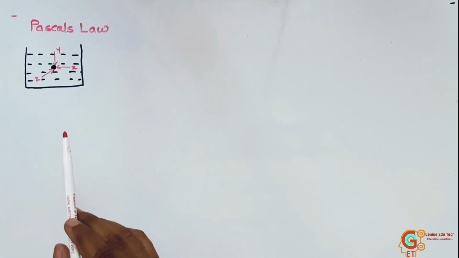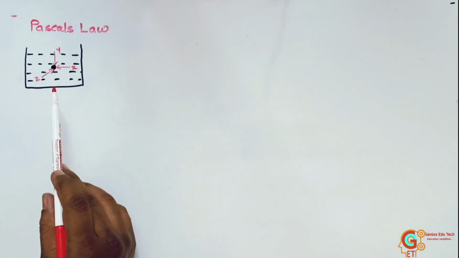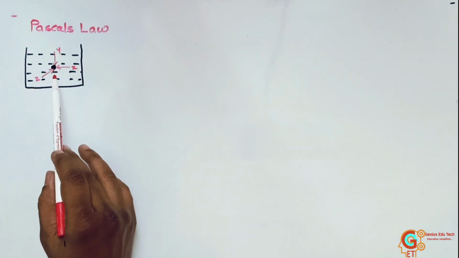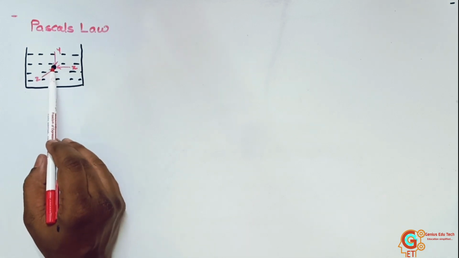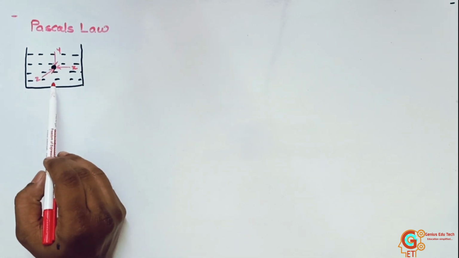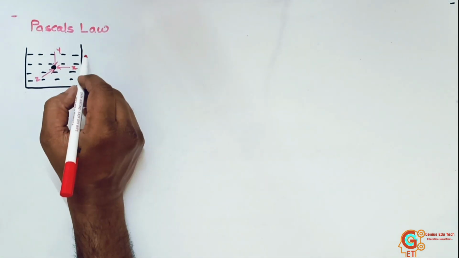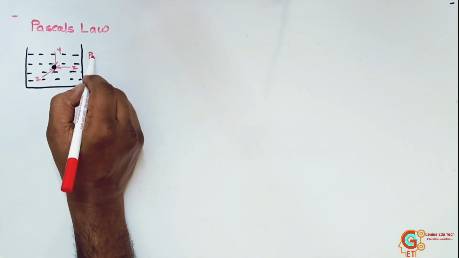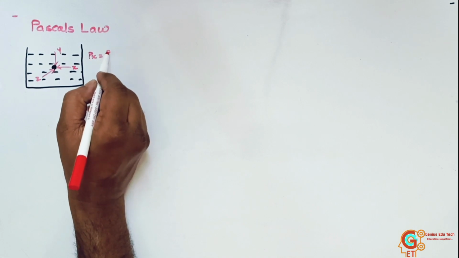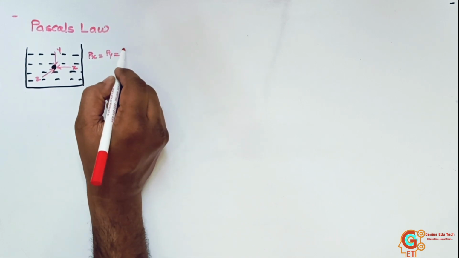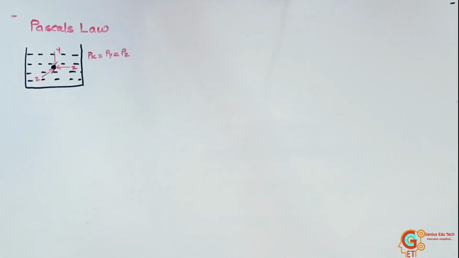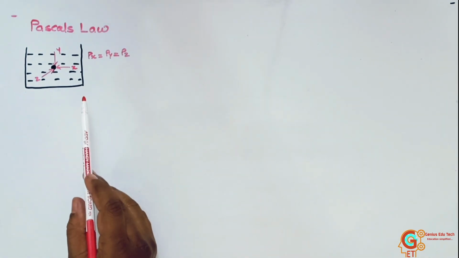Now Pascal's law states that in a static fluid the intensity of pressure at a point is same in all directions. So let us first understand what we need to prove. We need to prove that pressure intensity from x, y and z direction should be same. So that we need to prove today.